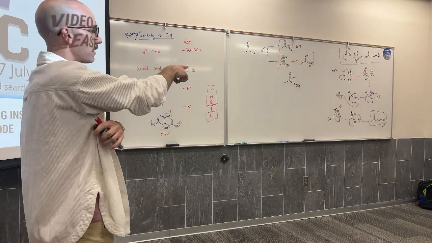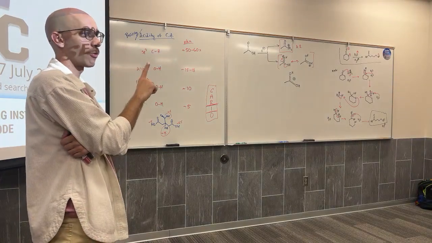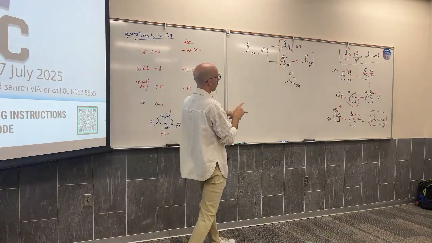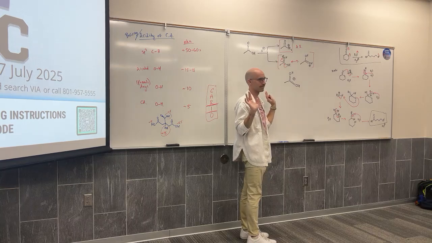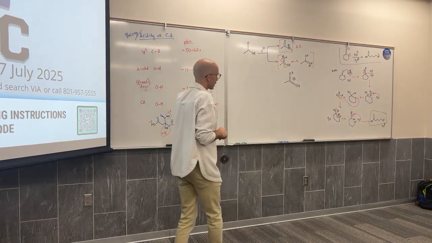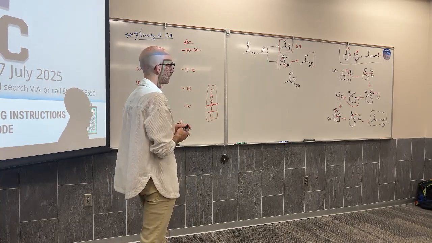And this is what happened in our mechanism. We couldn't tell the difference between oxygen 1 and oxygen 2 because after the carbonyl becomes protonated, those two oxygen groups are identical to each other. They're in perfect resonance. There's no way to tell where the carbonyl is now because the carbonyl isn't anywhere.